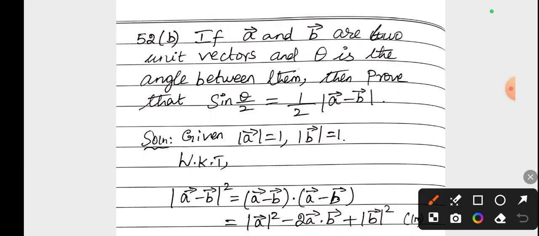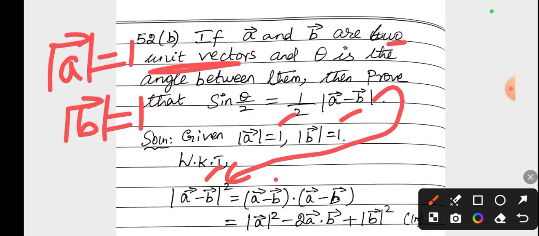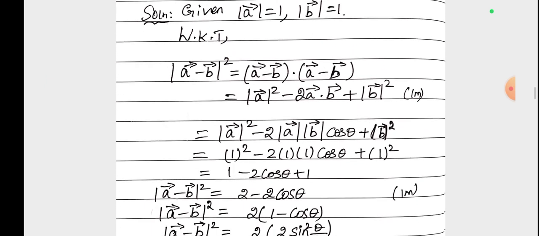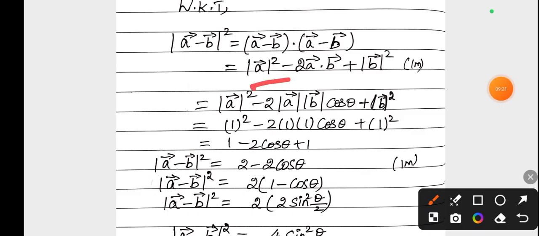Okay, so they have given here two unit vectors. If the vectors are unit vectors, then their magnitudes are 1. So magnitude of A is 1, magnitude of B is 1. Then we know magnitude of A minus B the whole square, we can write as A vector minus B vector dot A vector minus B vector. Then expand: magnitude of A square minus 2A vector dot B vector plus magnitude of B square.